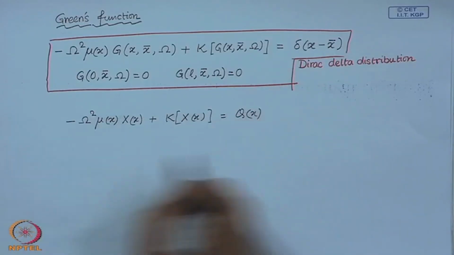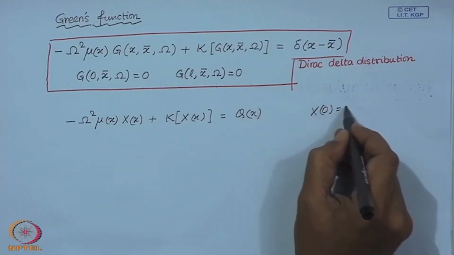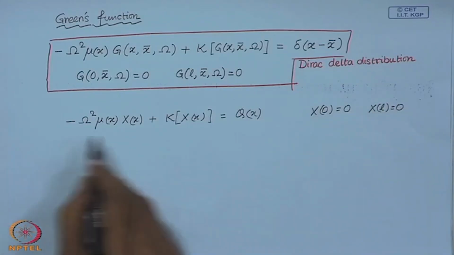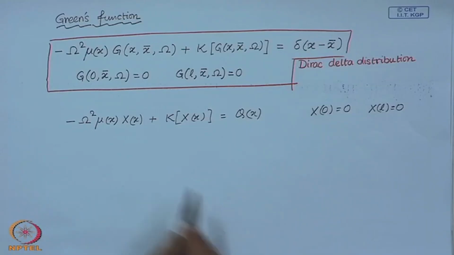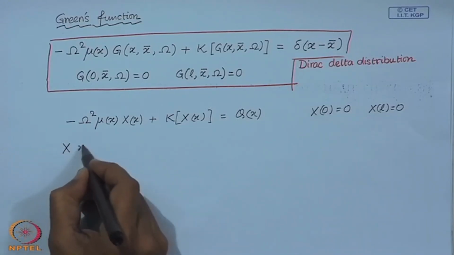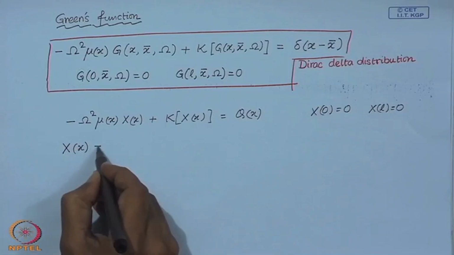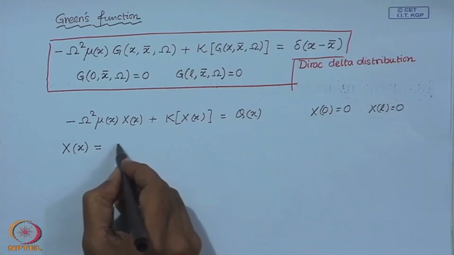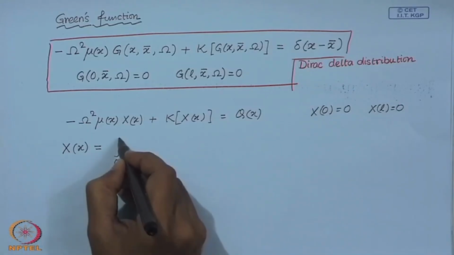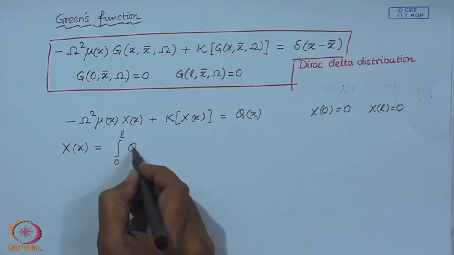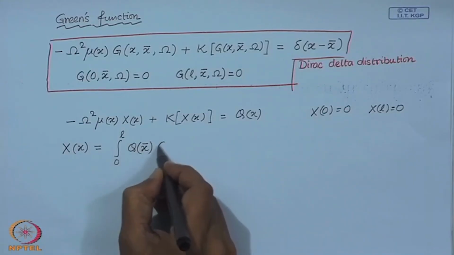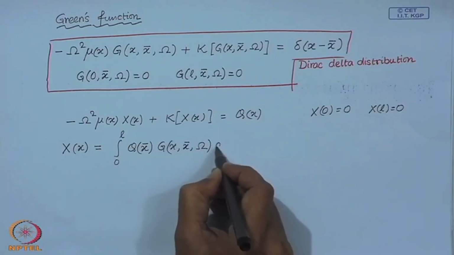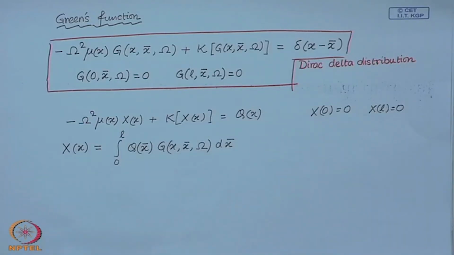So, this is the problem of course, with these boundary conditions. This is what we want to solve. We claim that the solution of this, the amplitude function corresponding to an arbitrary forcing capital Q of x, is given by integrating over the domain of the problem, performing this integral.